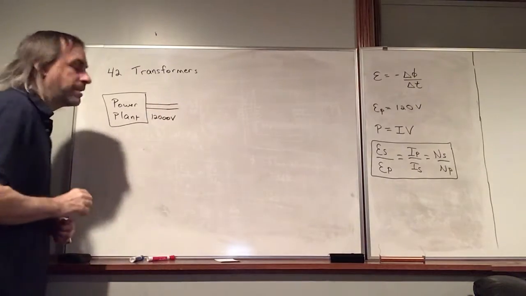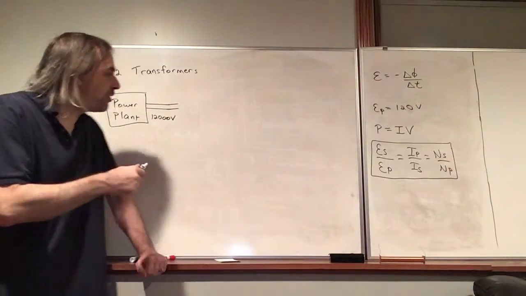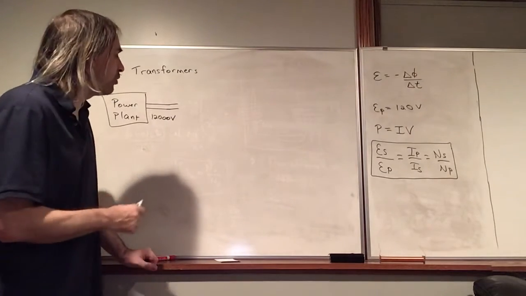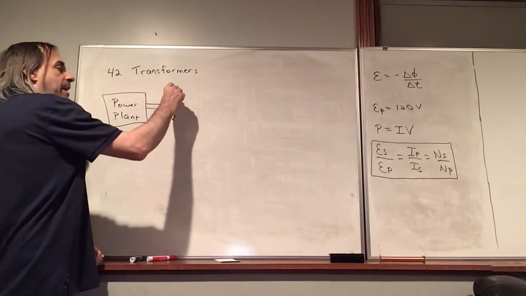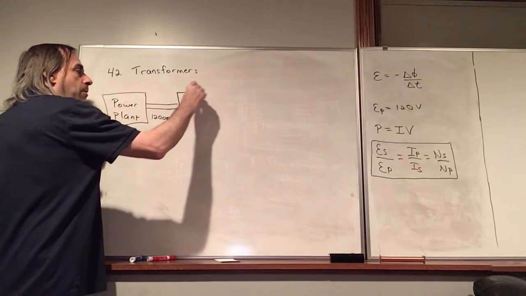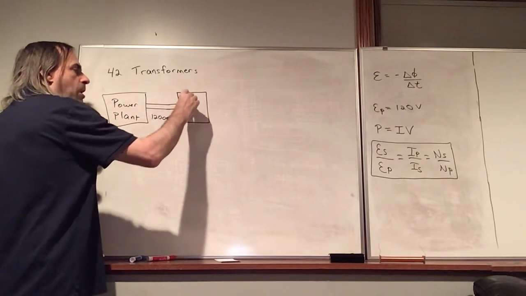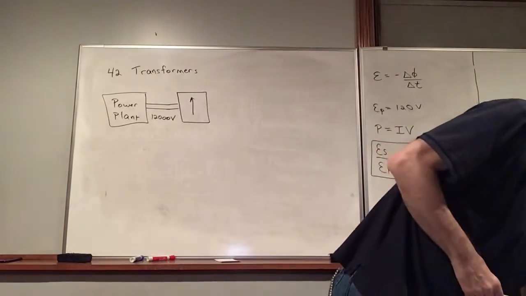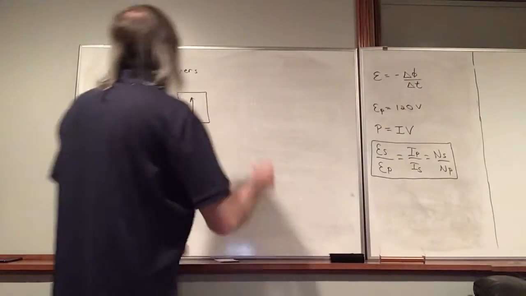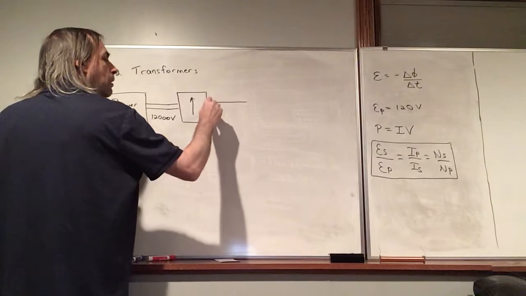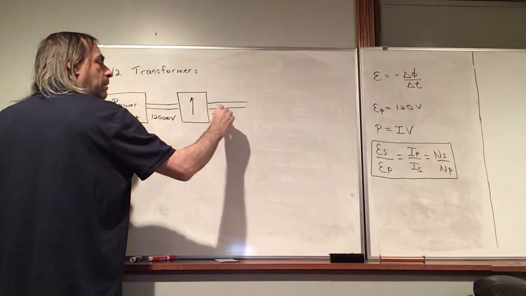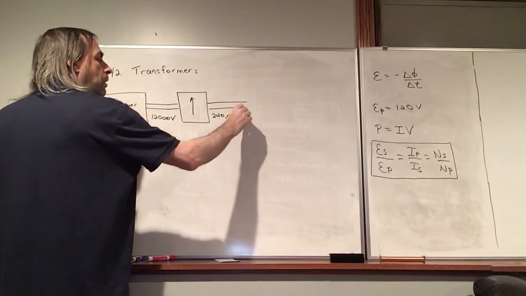You do not want this going into your house. However, this is not efficient enough. There'd be significant energy lost. So then what they have is a step-up transformer. I'll just throw an upward arrow. So what that's going to do is convert that to 240,000 volts. And so these are these very high energy power lines, or high voltage.